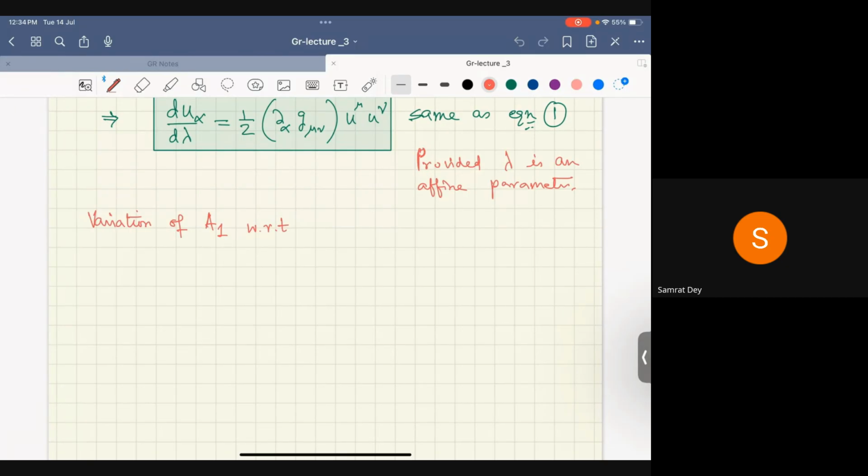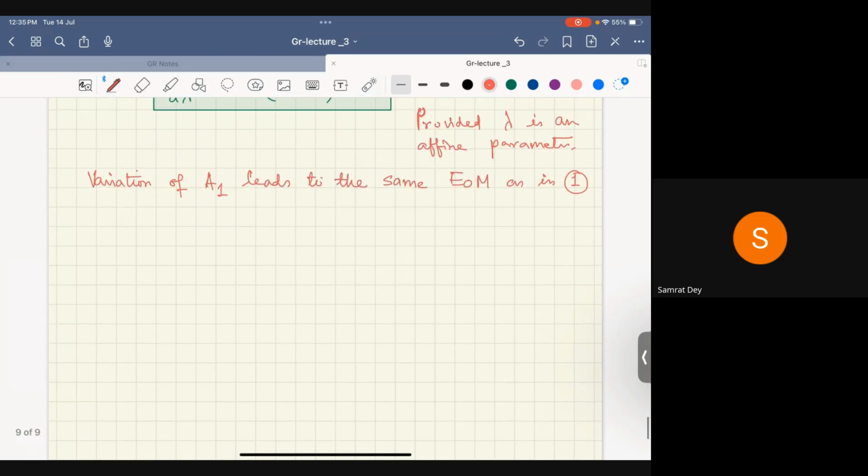So variation of A1 leads to the same equation of motion as in 1. Only thing is that the parameter has been changed from tau to lambda.